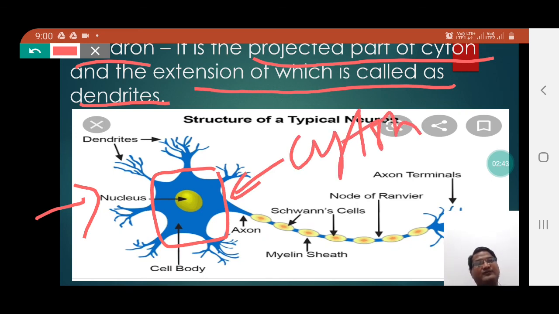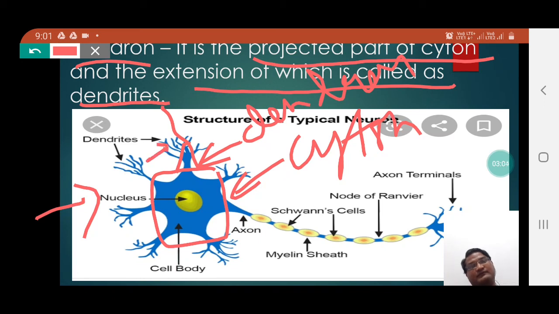From the cyton we can observe here the projected part which is the dendron. This projected part is further extended, which you can see here, which is called the dendrites.